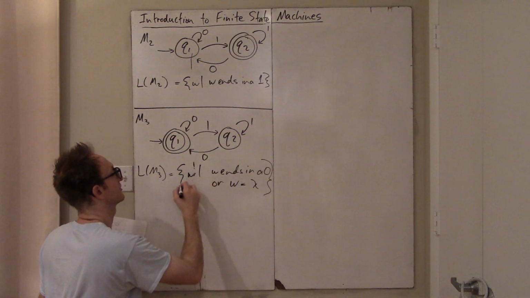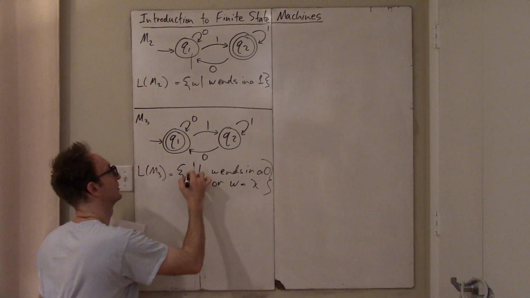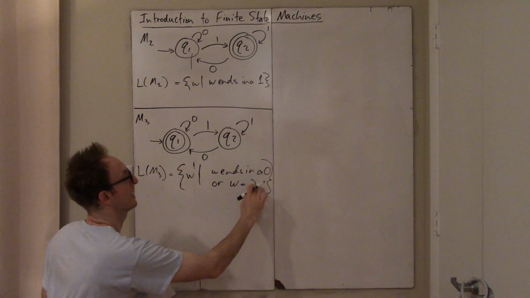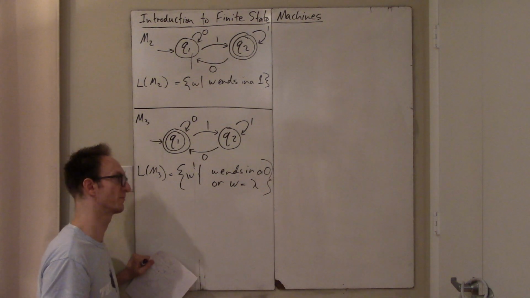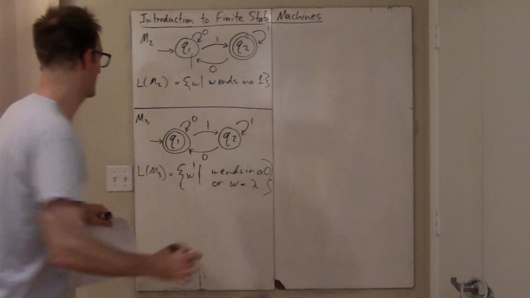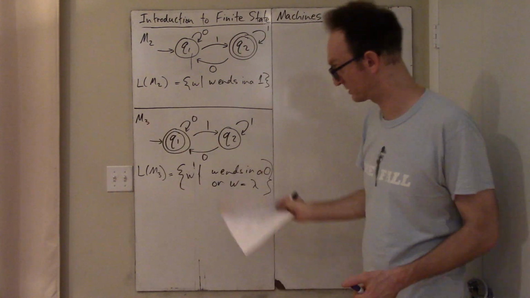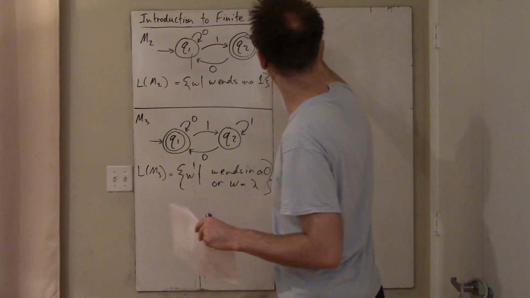And we have this special character, lambda, which we use to refer to the null string, the empty string, the string of length 0, consisting of no characters. Okay, and it's a legit string, and it's in fact accepted by this machine. It's in that language.